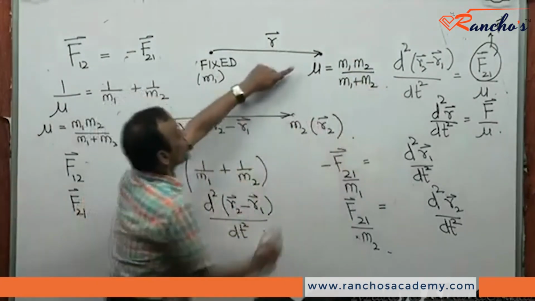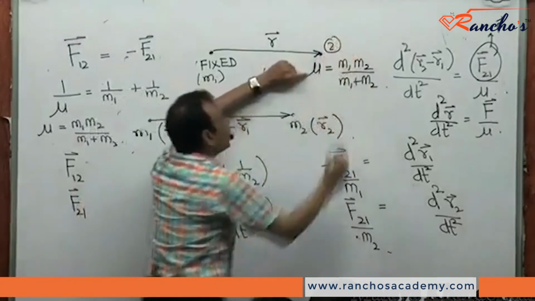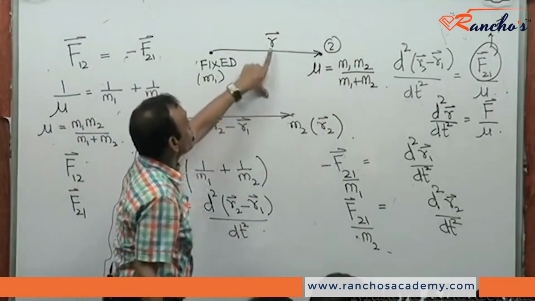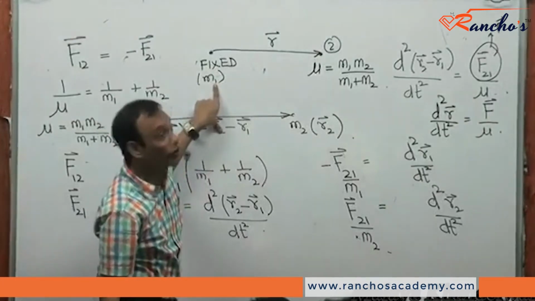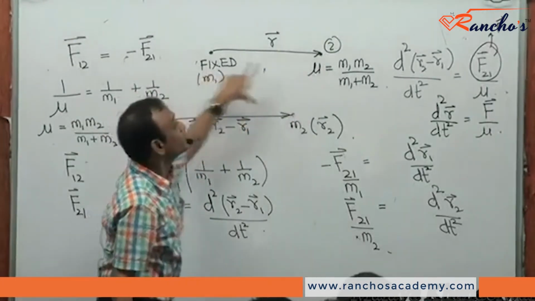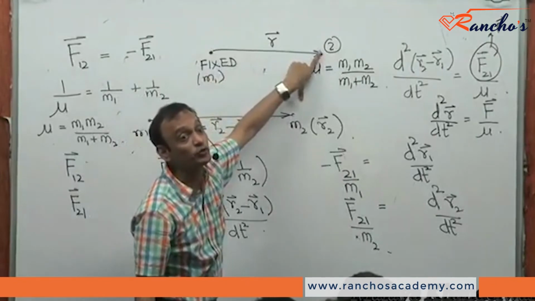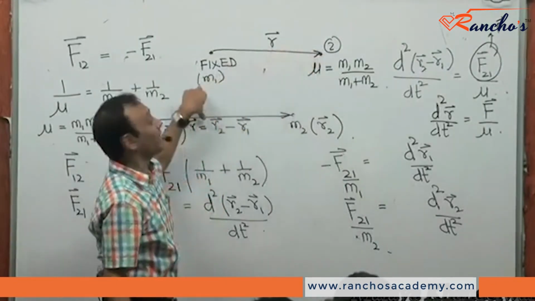Now, the velocity of this particle at all times will be the velocity as seen by m1, which would be the relative velocity of m2 as seen by m1. The acceleration of this particle at all times would be the acceleration of 2 as seen by m1.